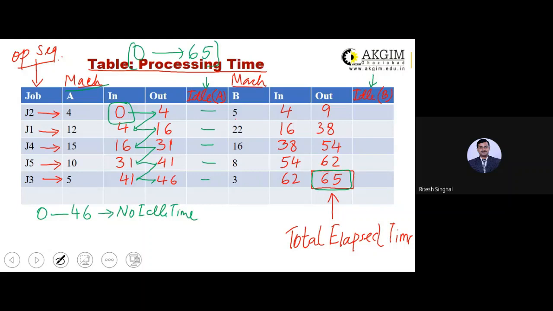But from 0 to 65, we should take care of the idle time for both machine A and B. For machine B, the first job is to be started at the 4th hour, so the starting 4 hours are idle time for machine B. After that, there is a gap of 7 hours, and then there is no gap again. So the total idle time for machine B is 11 hours.